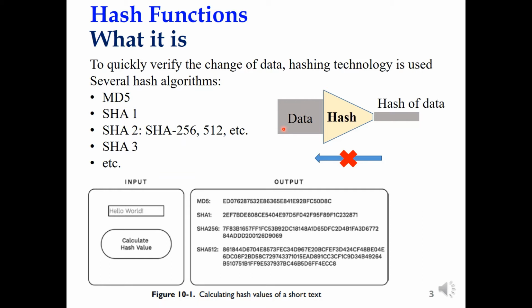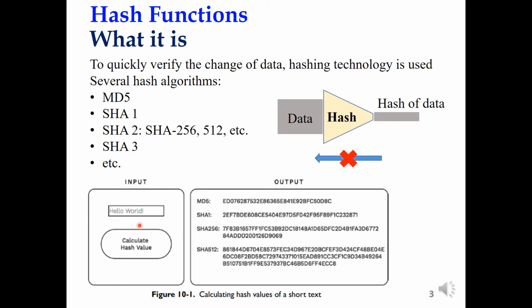Currently there are several algorithms for hash functions, for example MD5, SHA1, SHA2, SHA3, and so on. In the SHA2 and SHA3 families, there are many algorithms such as SHA256, SHA512, and so on. These functions are commonly used nowadays.